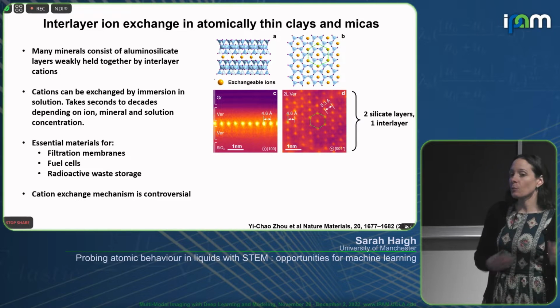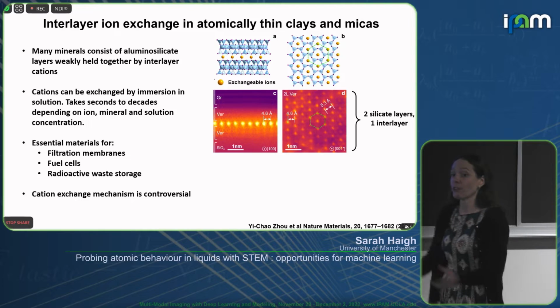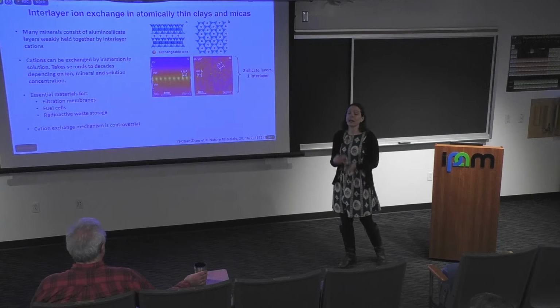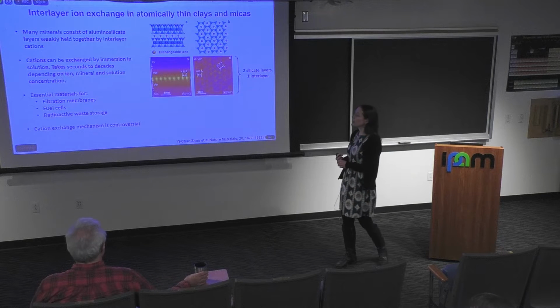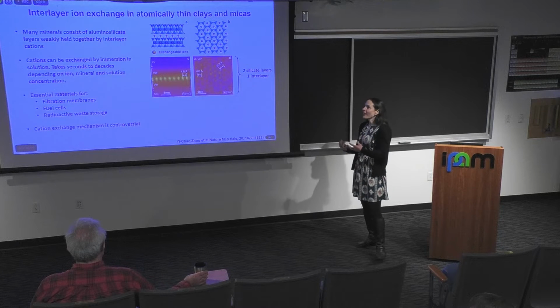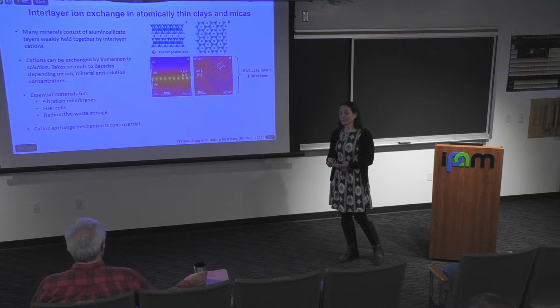You need to understand whether those radioactive ions are going to get into the water and how far they're going to penetrate through the soil. That means you need to understand how an ion interacts with soil, and most of the soil is made of clays and micas. So we need to understand how the ions that are present in a solution are going to interact with a clay or a mica.